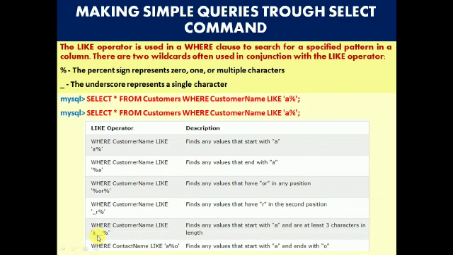A and double underscore means at least 3 characters are required, and after that percentage means it can have 0, 1 or multiple characters, so minimum it will search for 3 characters starting with A. Here the next is A percentage O, which means it will search for names starting with A and ending with O.